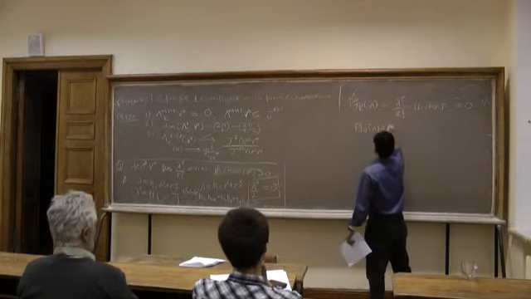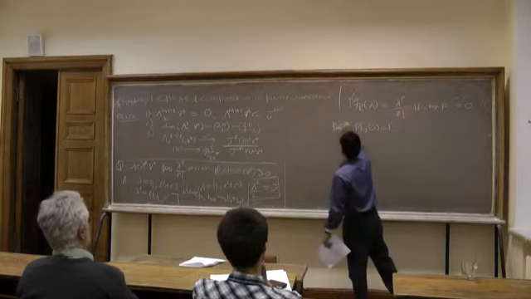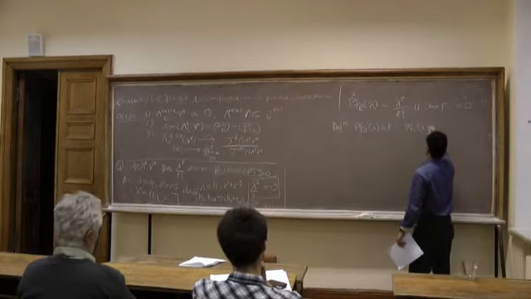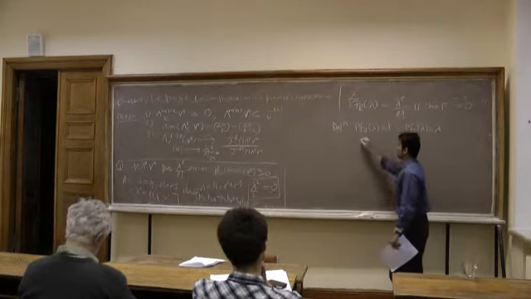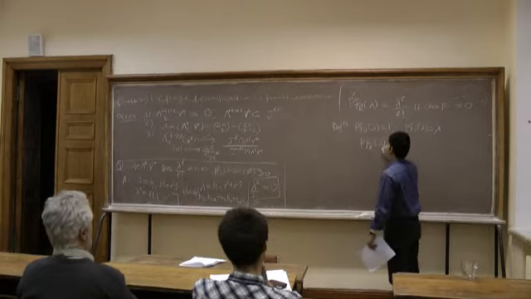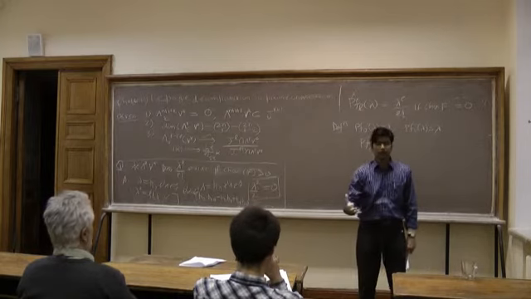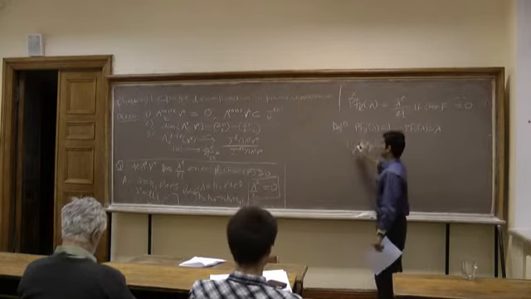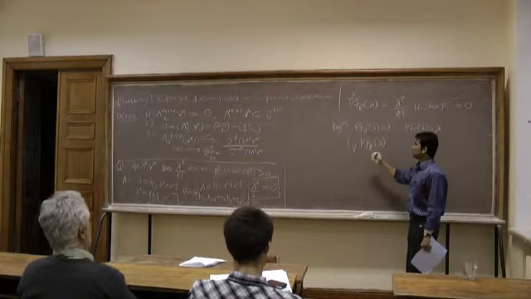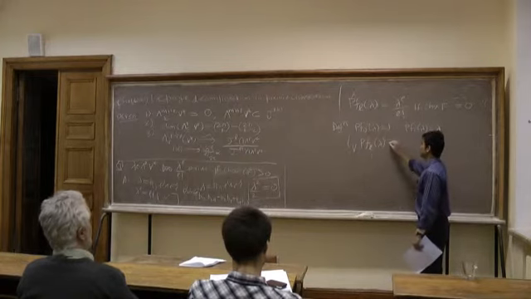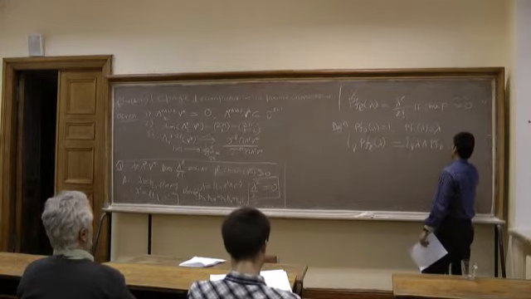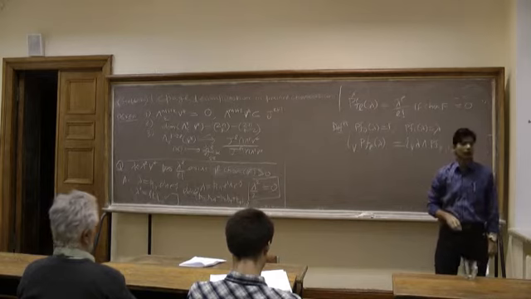Pf0 lambda is 1, by definition. Pf1 lambda is lambda, and then a recursive definition for Pfl lambda. If you want to define a form, it suffices to define its interior multiplication with every vector.